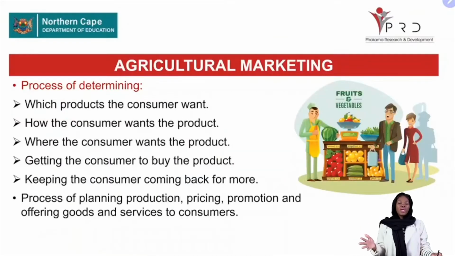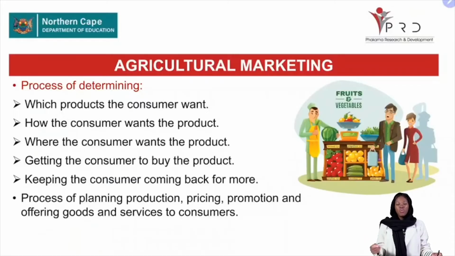Now, when it comes to economics, remember previously we discussed different production factors and how these resources are important in marketing. And today, our main focus is on agricultural marketing.